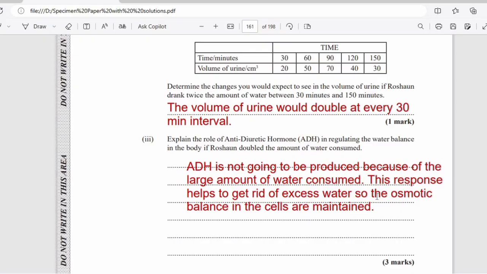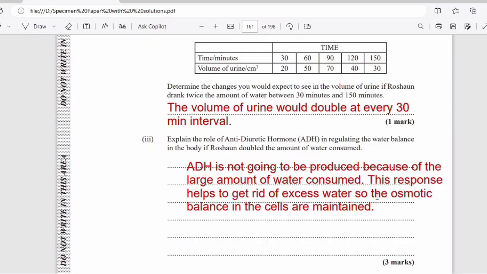If you drink a lot of water, then the hormone is not going to be produced because your body would have extra, and so the body doesn't see where it needs to hold on to this excess, and so the water is going to be allowed to leave. And that's why when you're fully hydrated or you drink a lot of water, you produce a lot of urine.